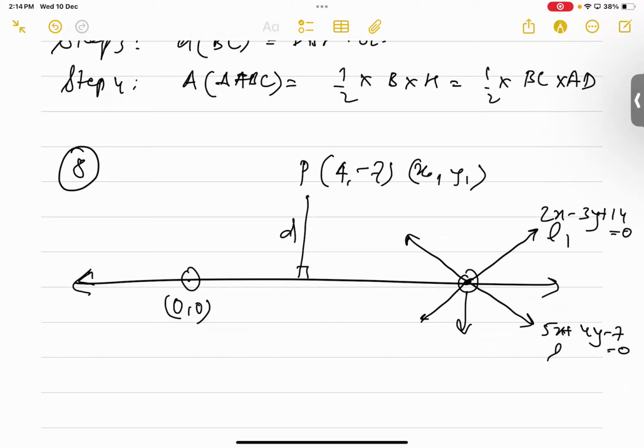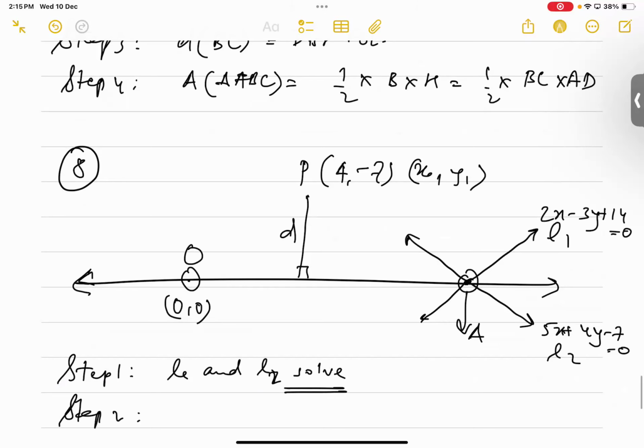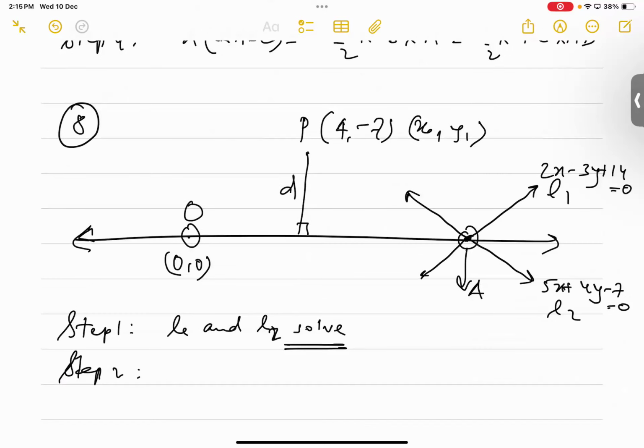This is L1 and this is L2. Step 1, L1 and L2, you need to solve simultaneously. This is origin. You'll get this point, let's say A, by simultaneous equations.